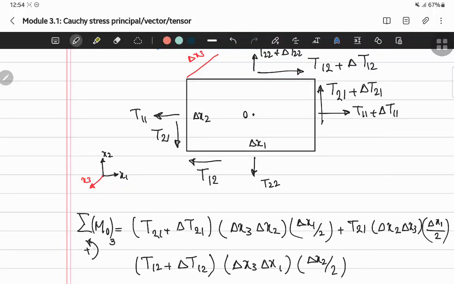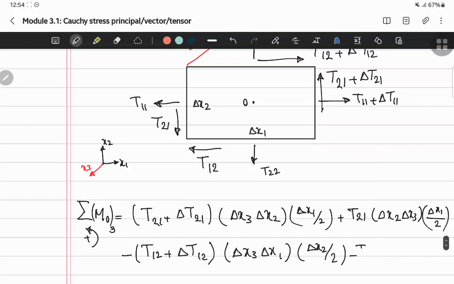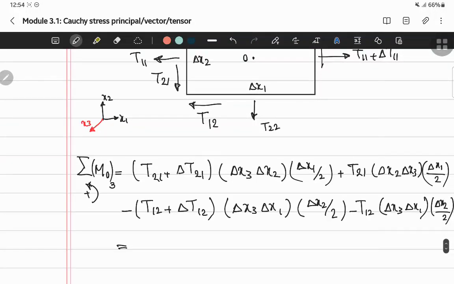And here, since I assume that this is positive, this becomes negative. Minus t12 del x3, del x1, del x2 half.